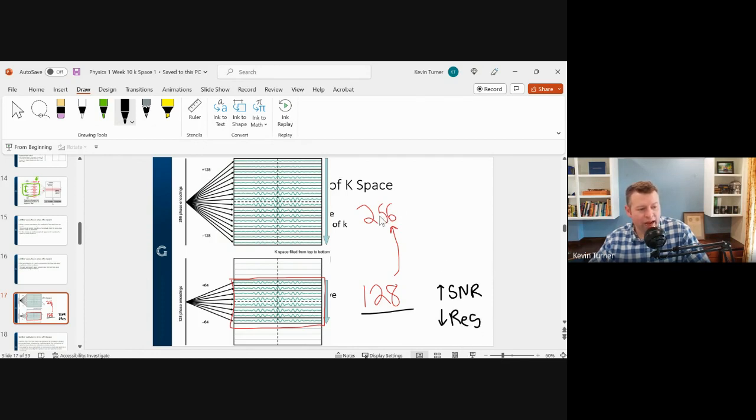However, up here with my higher, now I have more echoes, but look how weak they are. This one's basically a flat line, not much signal. So when I average all of these echoes together to create my image, I will have less SNR because I had to use steeper and steeper applications to fill up that outside of K-space. But because I filled up more of the outside of K-space, I have more resolution.